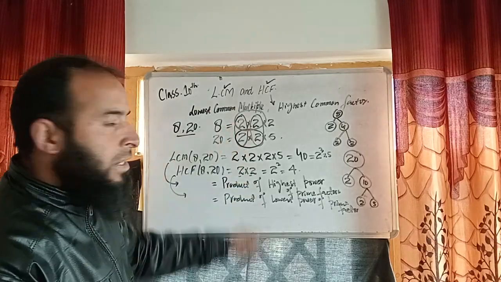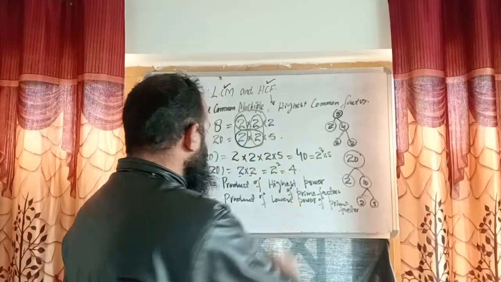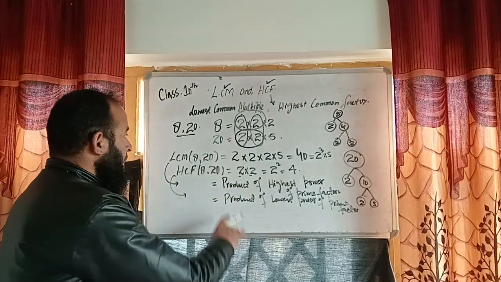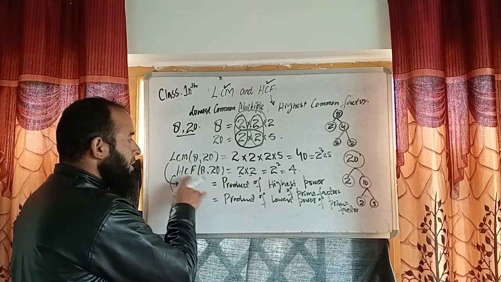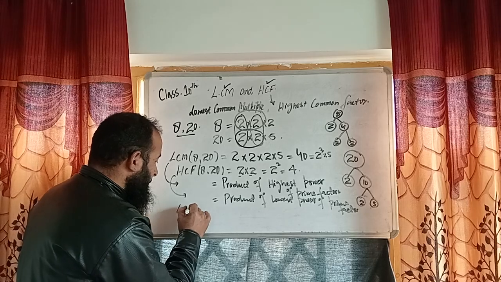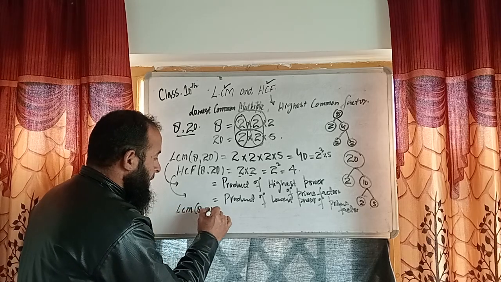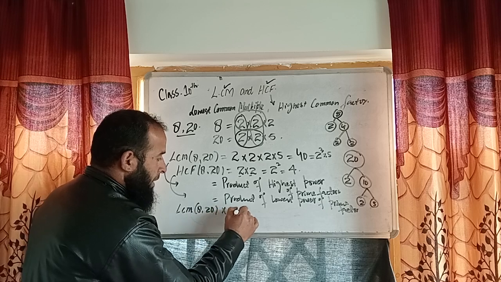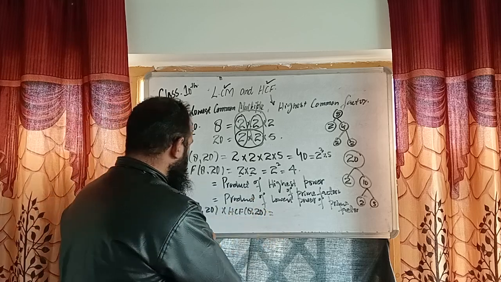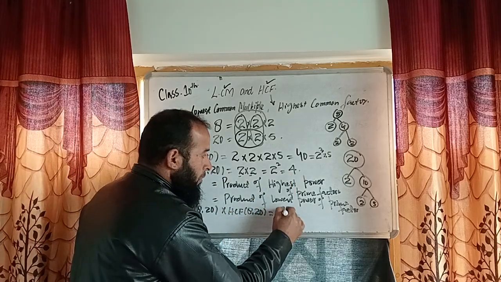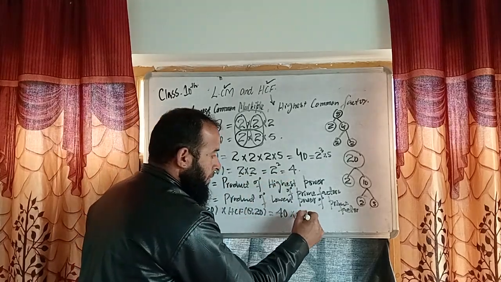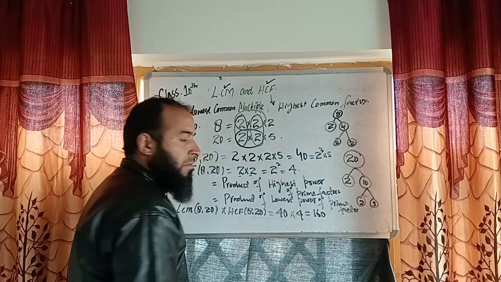Now see, another interesting fact that we can get from this. If we take the product of this LCM and HCF, the LCM of 8 and 20 into the HCF of 8 and 20, what is that? LCM is 40 and HCF is 4. It becomes 160.